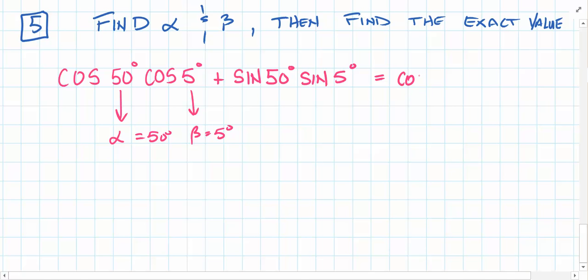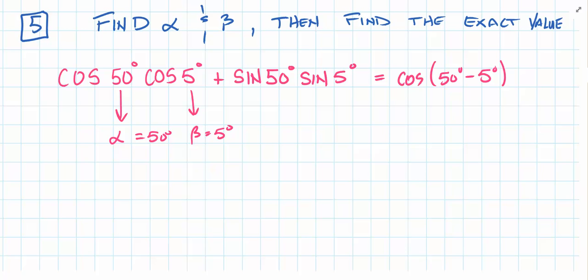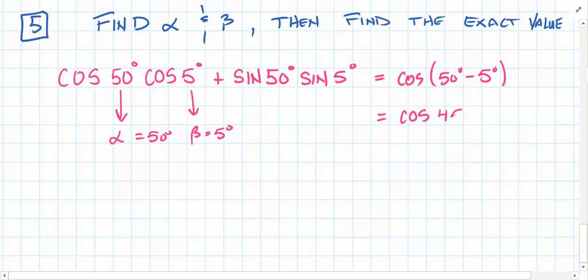So it's going to be the cosine of 50 degrees minus 5 degrees. So we've identified alpha, we've identified beta. 50 minus 5, everybody? Cosine of 45 degrees. Very good.